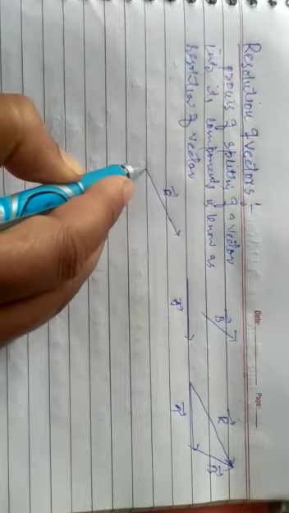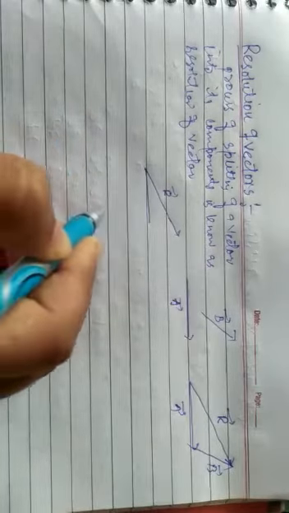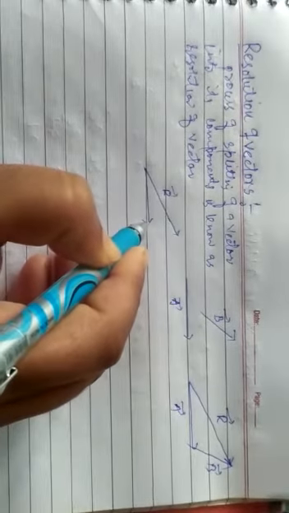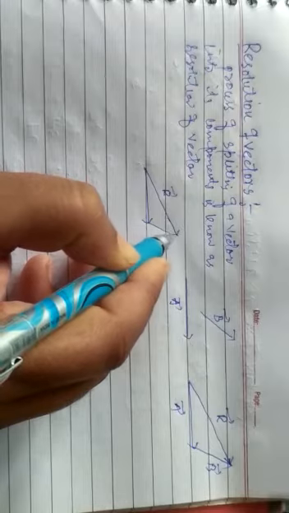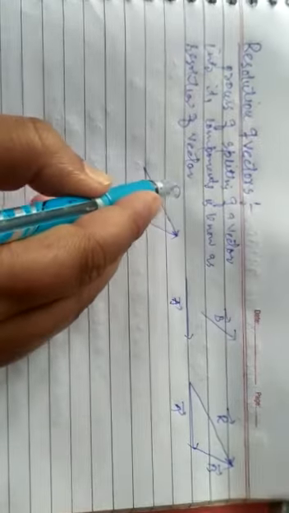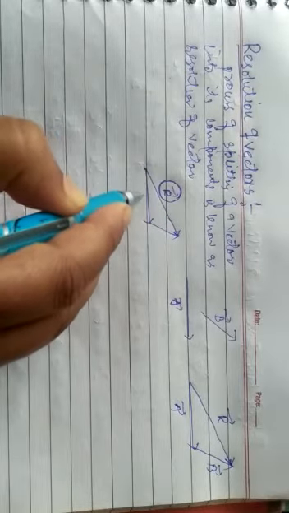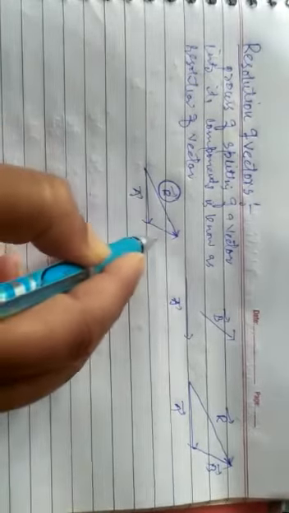One person moves that load in this direction, and another person moves the same load in this direction. So whatever work is done by this person r, the same work is done by these two vectors, vector a and vector b.